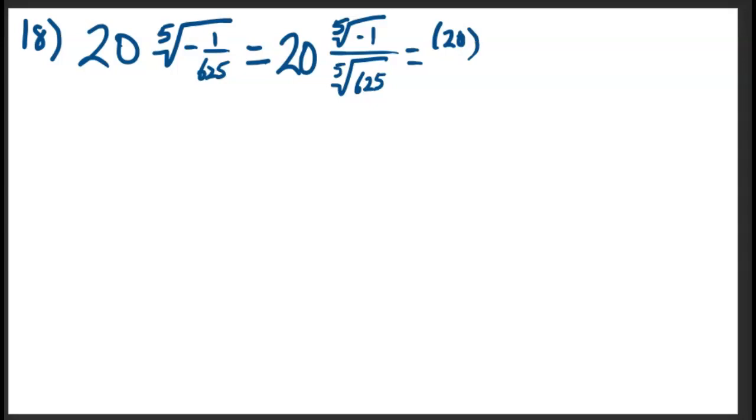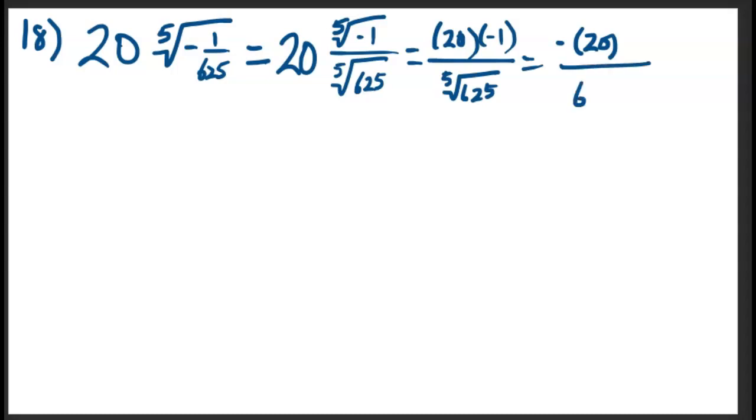The 5th root of -1 is -1. And that's over the 5th root of 625. Hopefully you followed everything I did just there. I don't know what the 5th root of 625 is. So at this point, I'm going to turn this into, I'll put a negative out here, we'll put 20 here, over 625 to the 1/5, right?